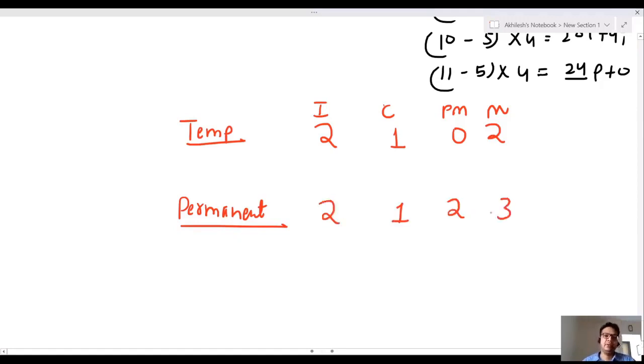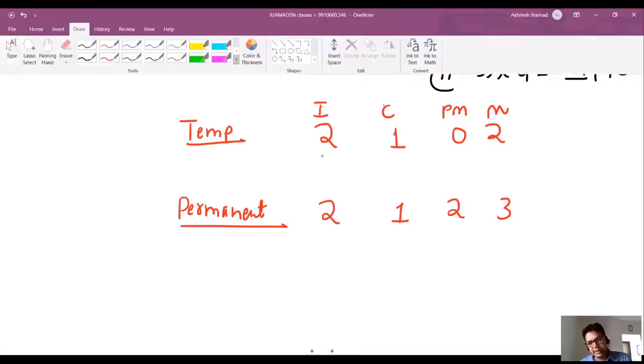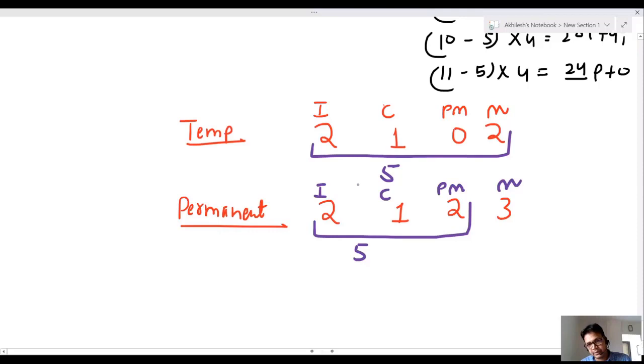Now, sir, if you see this quadrant, in place of these 5 teeth, these are incisor, canine, premolar, molar, these 5 teeth come.